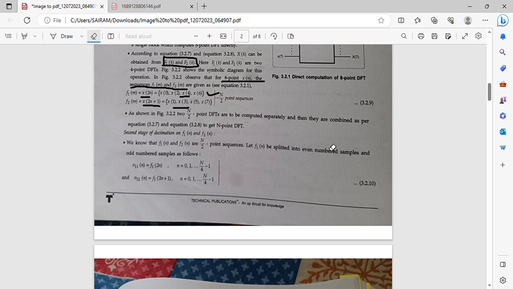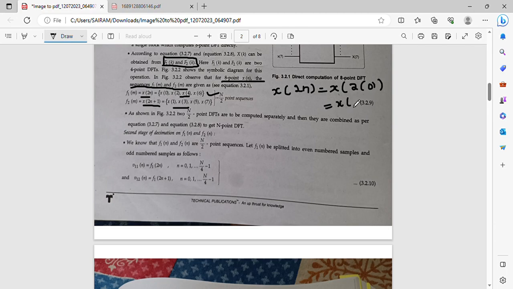So here you can see that, if I substitute x of 2n as my given, that is for the even sequence. So for x of 2n, if you substitute n equal to 0, that is x of 2 into 0, which is equal to x of 0, right?